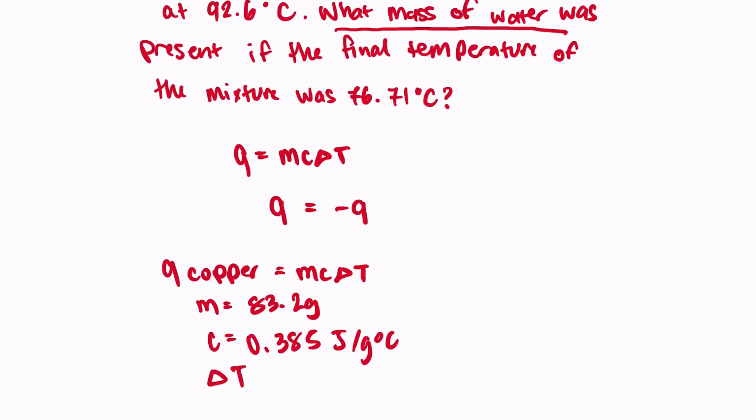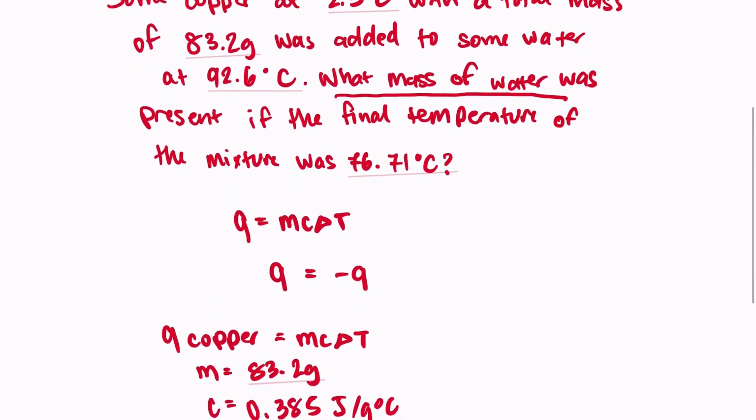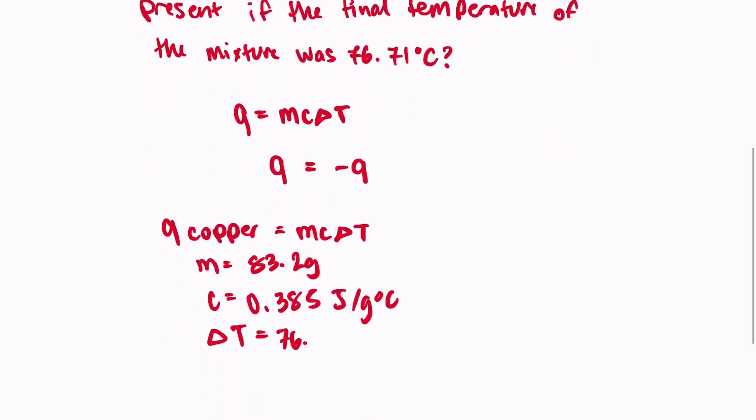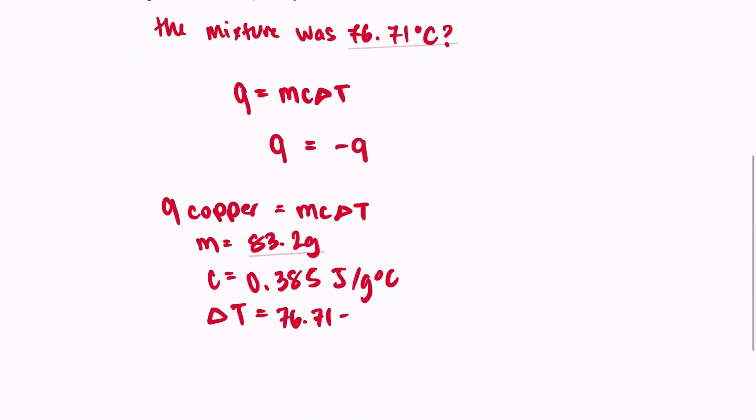Change in T is the final temperature minus the initial temperature. Final temperature was 76.71, and the initial temperature of copper was 2.3 degrees Celsius. So the change in temperature is going to be equal to 74.41. All that we have to do is multiply all of these things together.